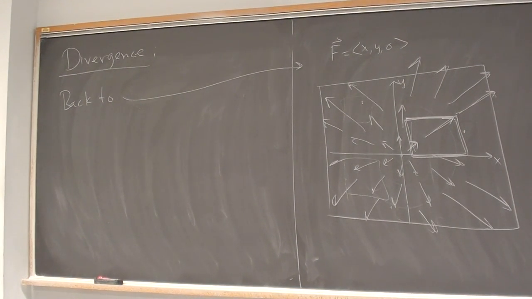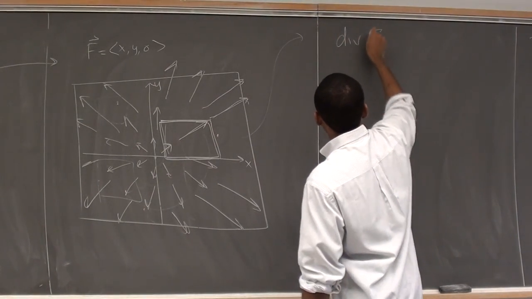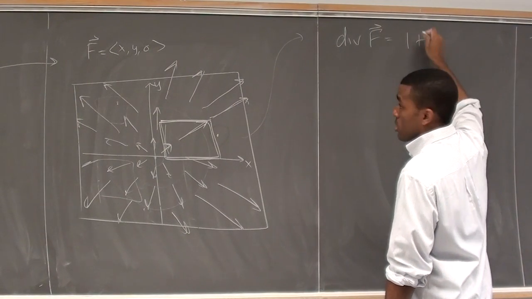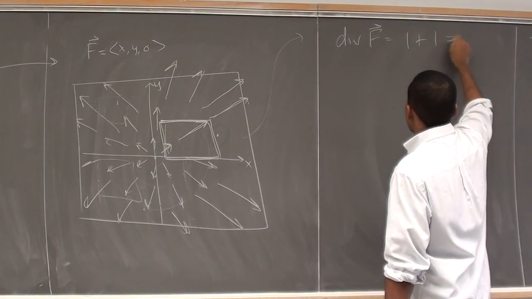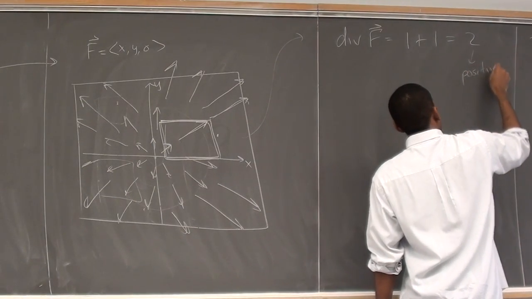There's also a value for the curl and the divergence. Yeah. So if you look at the divergence of f, that's just the partial with respect to x plus the partial with respect to y. That's 2, right? Notice that it's positive.